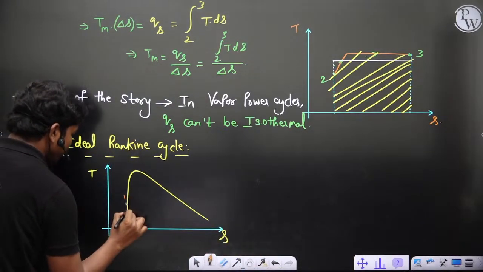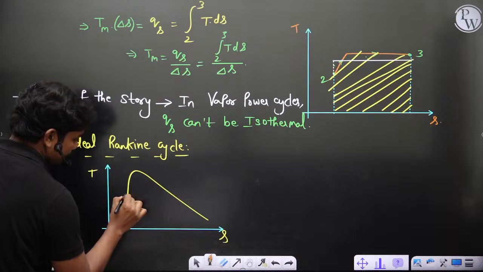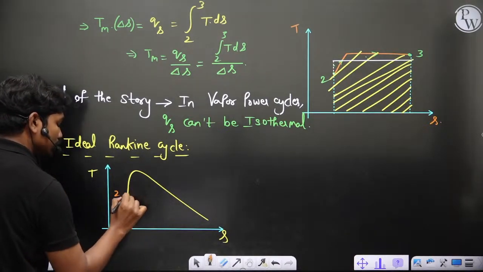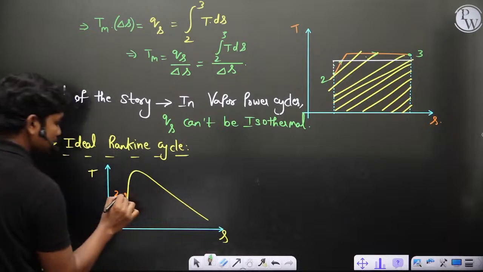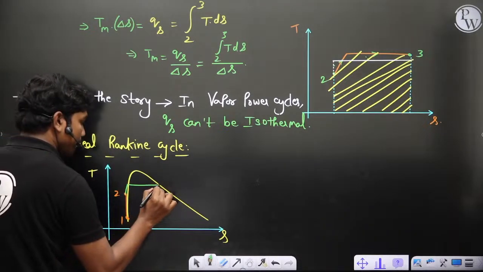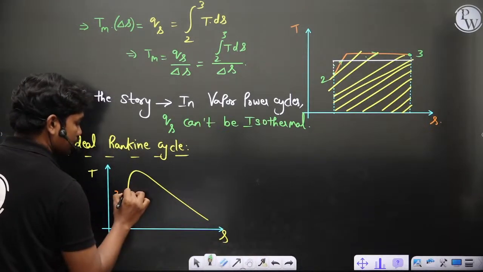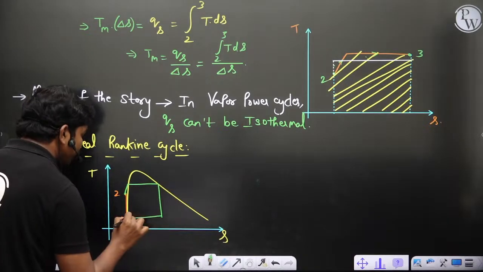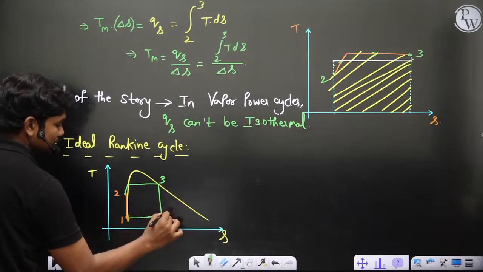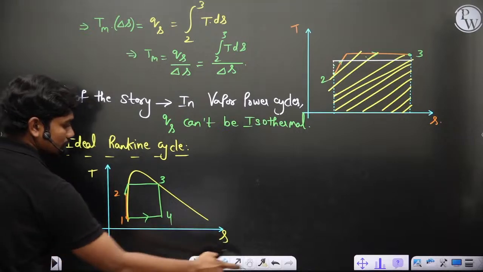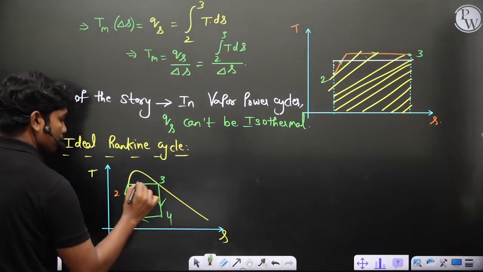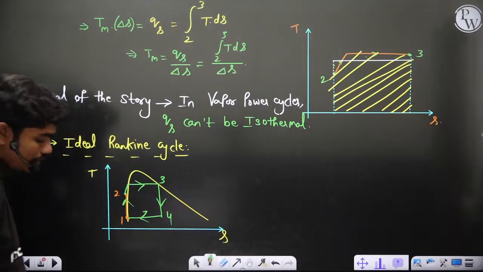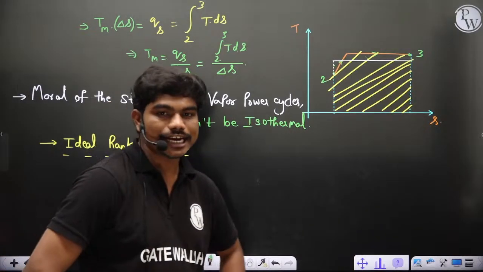By this time you might have understood the story already. So 1 to 2, then 2 to 3 is heat addition, and this is how you have the cycle, 2 to 3, 3 to 4. So 1, 2, 3, 4 is the cycle. Now fine, the cycle is modeled.